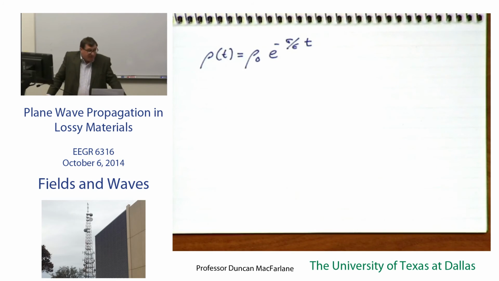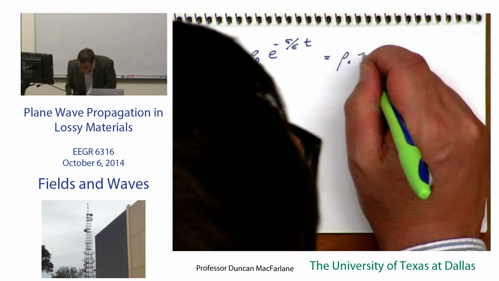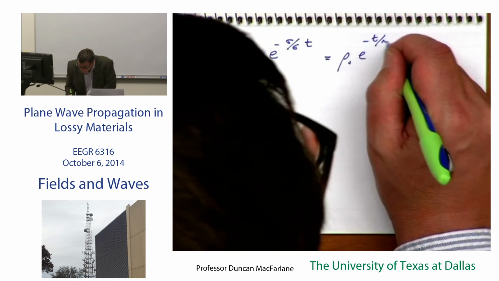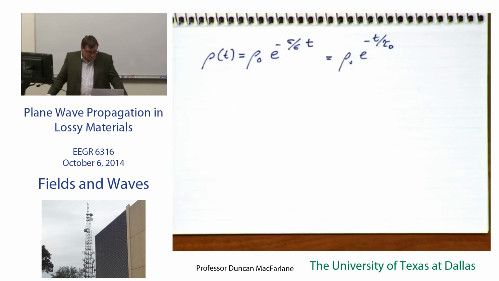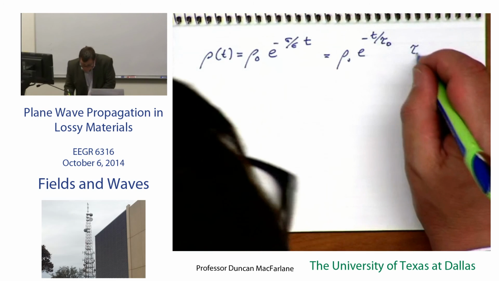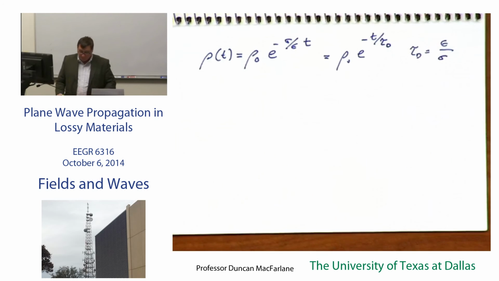And epsilon is a transcendental function, so the argument of that transcendental function has to be unitless, dimensionless. So this is going to equal rho naught times e to the minus t over some time constant, which is sometimes referred to as the Debye time constant. And this time constant is equal to epsilon over sigma.